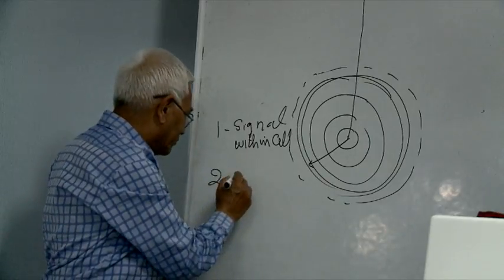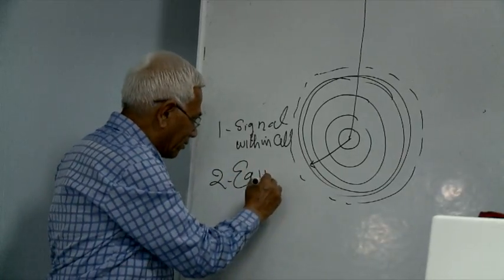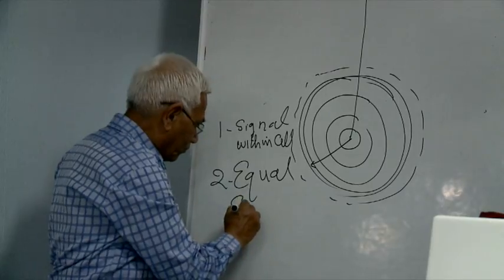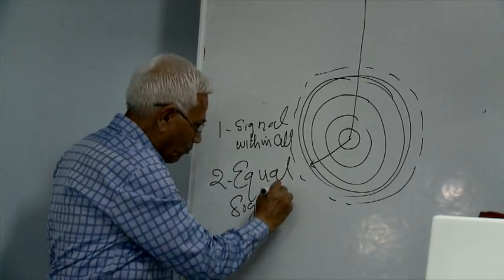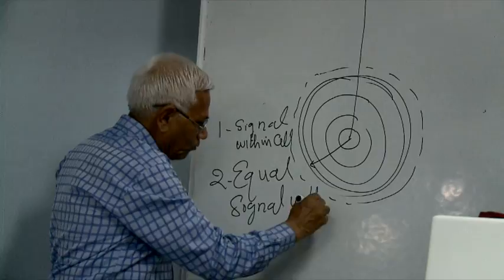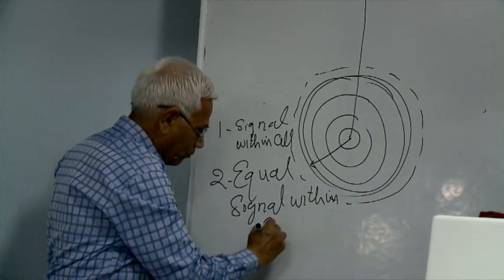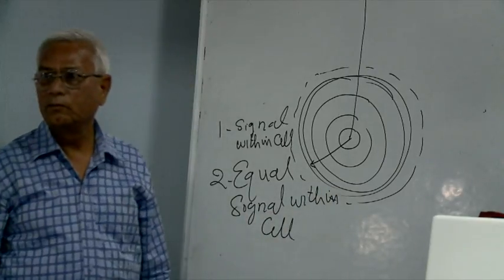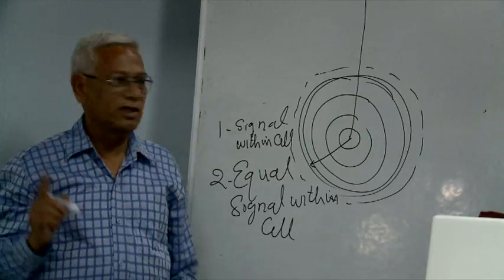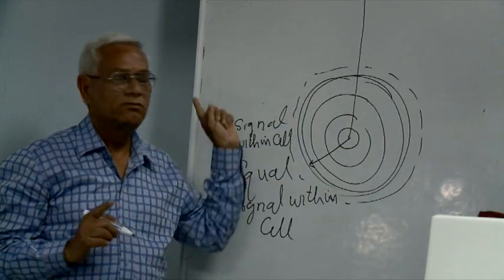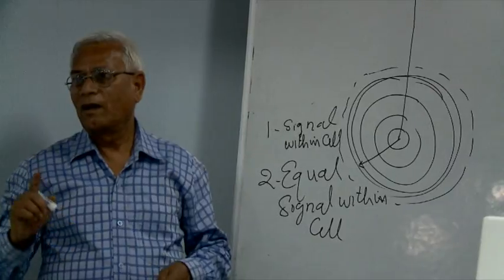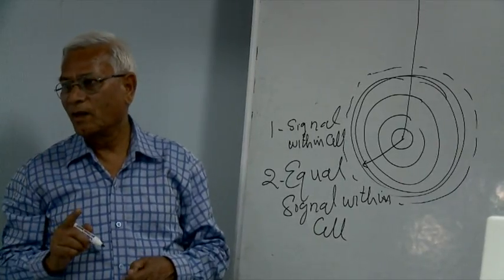And what is the second condition? Equal signal level within the whole of the cell. And you are electronic engineer.